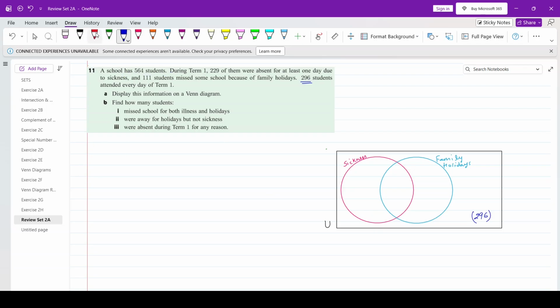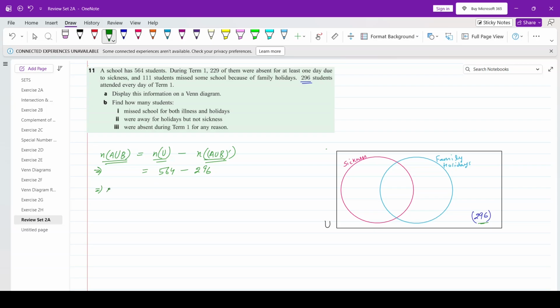So we can say the number of elements in A union B is equal to the number of elements in the universal set minus the number of elements in A union B complement. This number we do not know, this number is 564, and this number is 296.